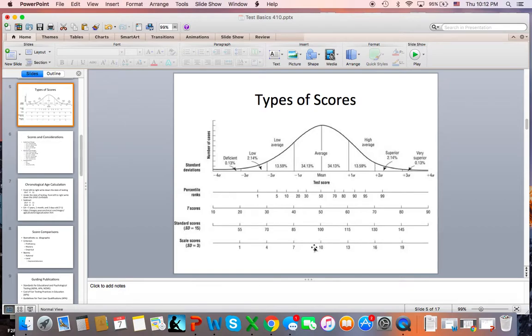The mean or average score, and the median too, for scaled scores is a 10, with a standard deviation of 3. Standard scores are often what's used on commercially available achievement tests, like the Wechsler Individual Achievement Test, the Kaufman Achievement Batteries, you name it, it's probably going to use a standard score. They're also used with intelligence testing as well.